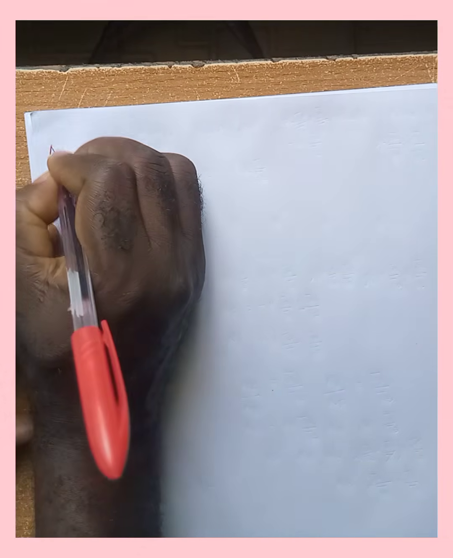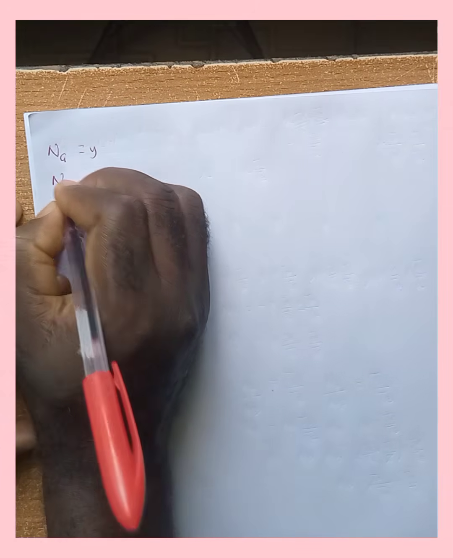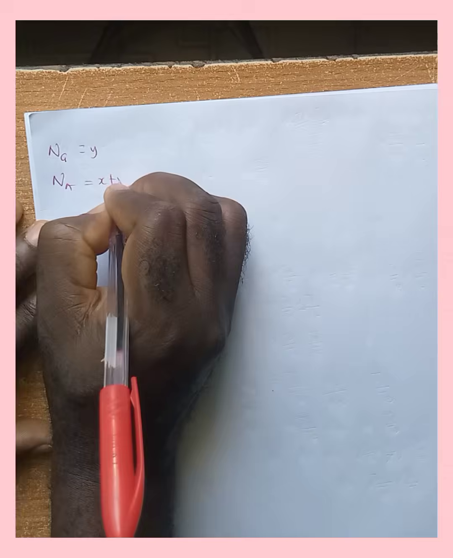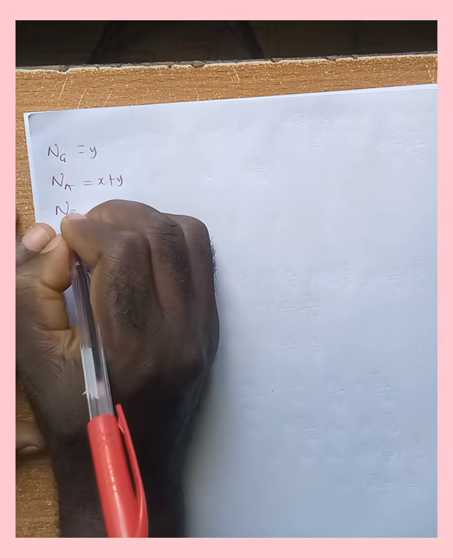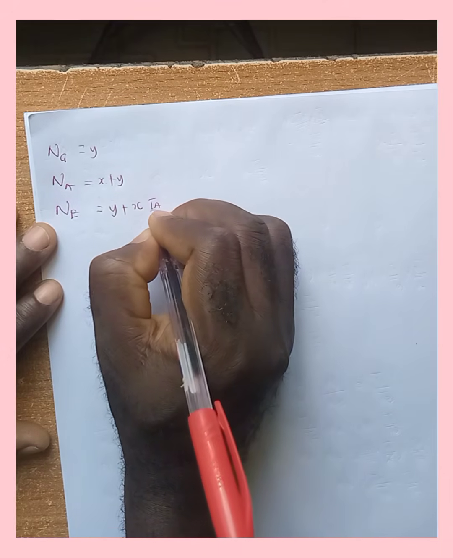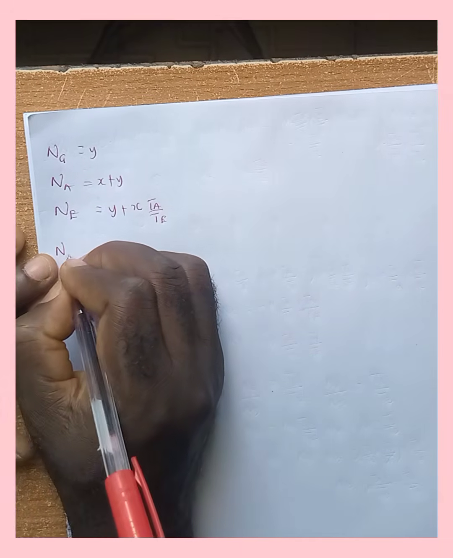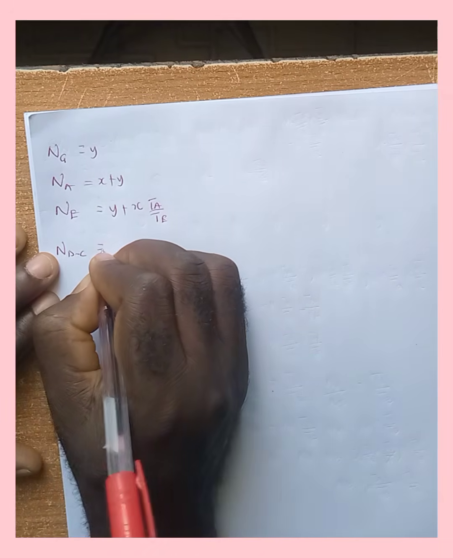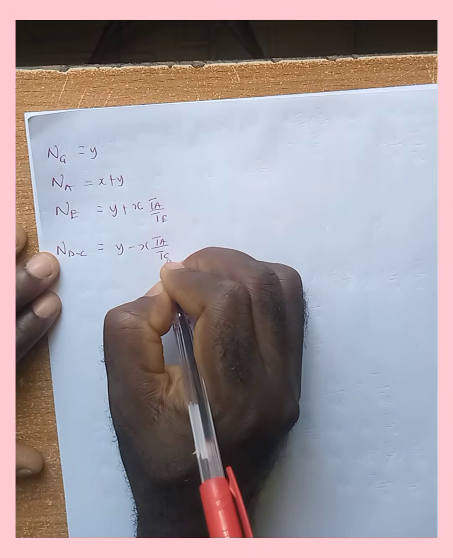Now, from here, the summary of this is that the speed of the arm G is equal to Y. The speed of the wheel A is equal to X plus Y. The speed of the wheel E is equal to Y plus X TA over TE. Then the speed of the compound gear DC is equal to Y minus XTA over TC.